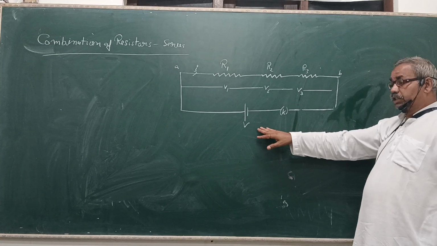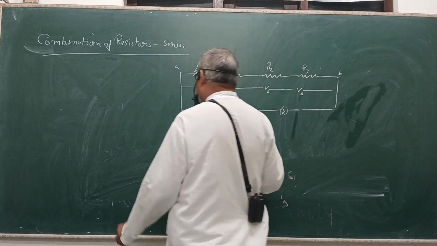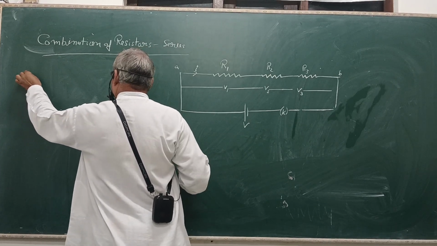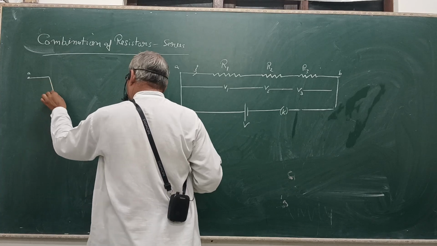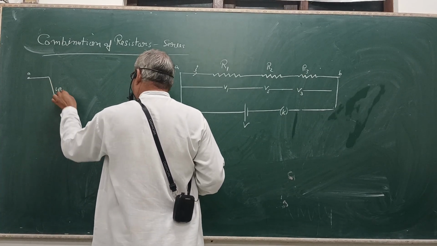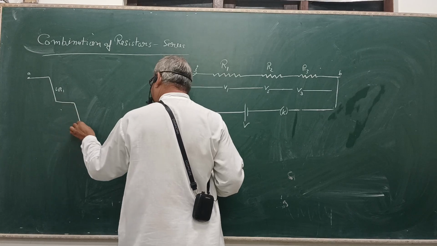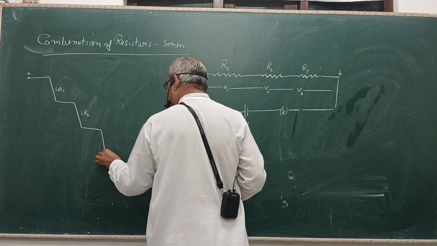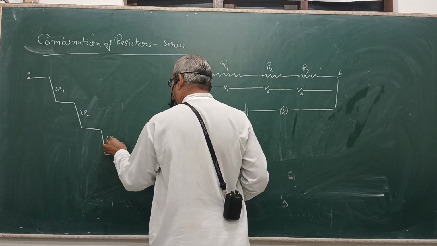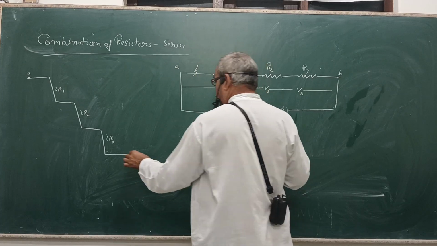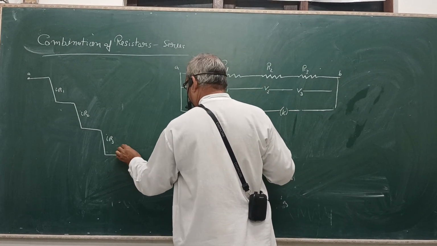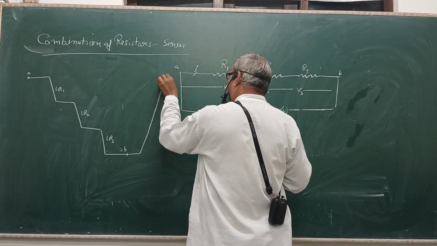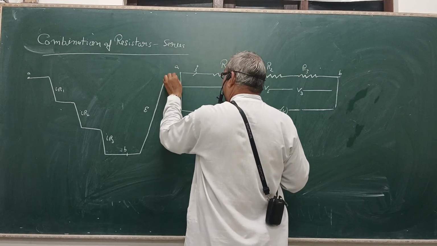As the total potential of the circuit is V, from point A the potential falls by IR1 across the first resistance, IR2 across the second resistance, and IR3 across the third resistance, and this is the point B. From B we move through the battery terminal and find the cyclic process back at point A.